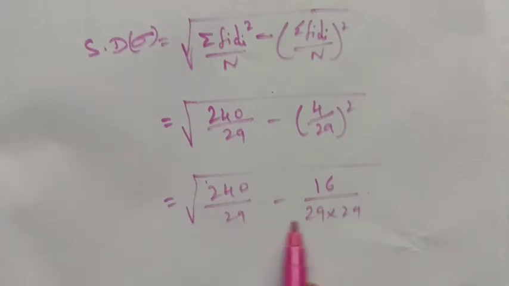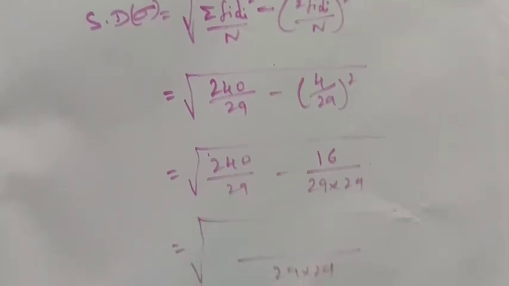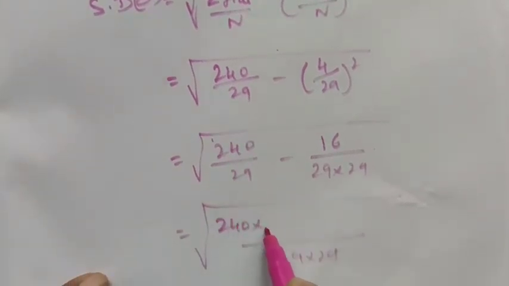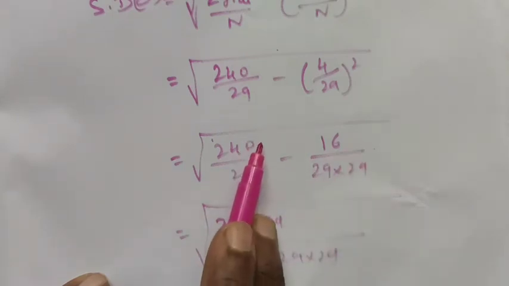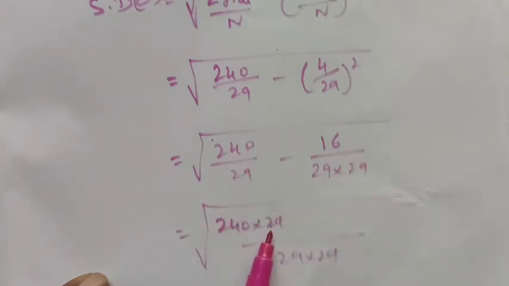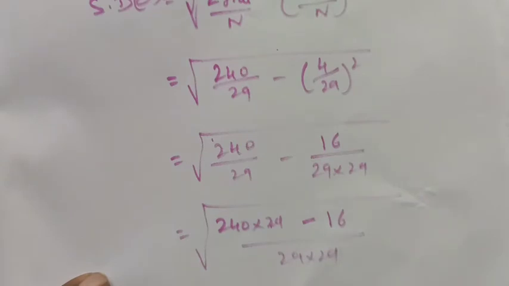Now we take the LCM. The denominator is 29 into 29, so we multiply 240 by 29. For the second term, the 29s cancel and we get 16 only.